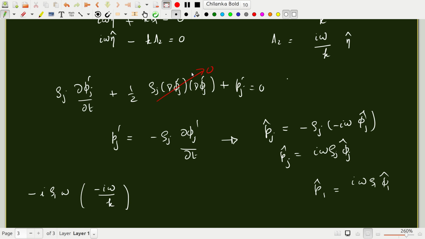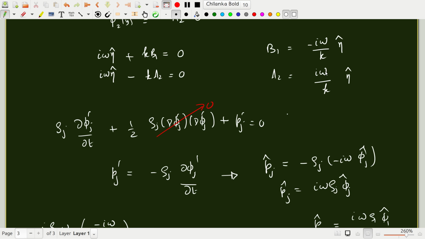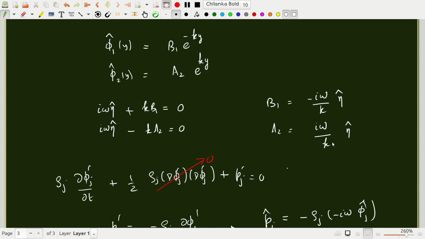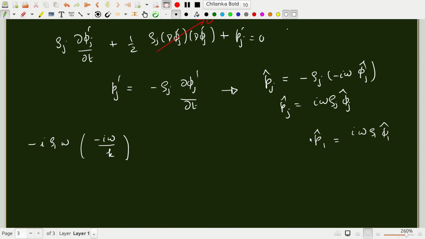And that is this, right? And I'm going to write everything in terms of η. So φ1 is B1, evaluated at y equal to 0, simply B1, but instead of B1 I'll write minus I omega by k η, right?